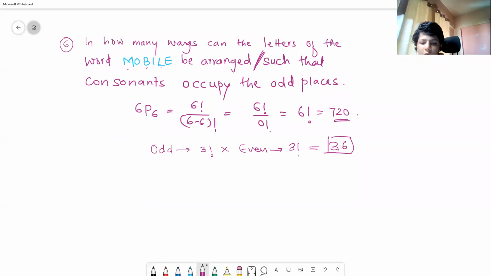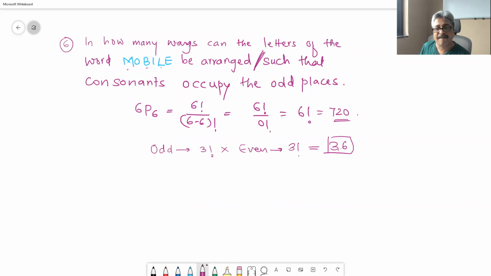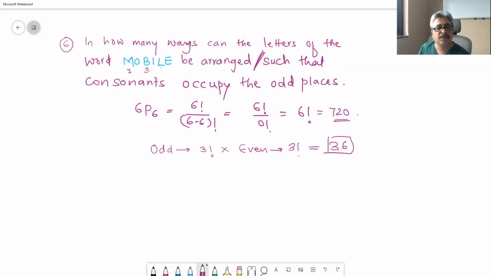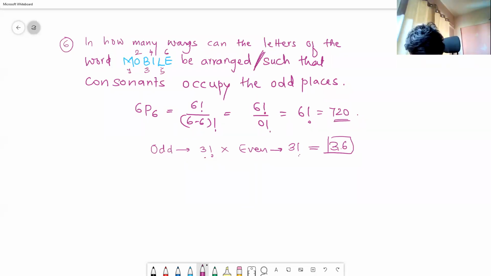But they have asked only for the odd places, not the even places. So first place consonant, third place consonant, fifth place consonant, and of course the remaining 3 places, 2, 4 and 6, should be vowels, not consonants. So 3 factorial into 3 factorial, 6 into 6, 36. Should be easy.